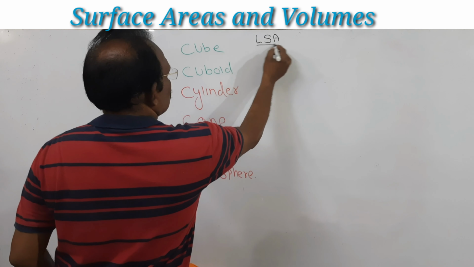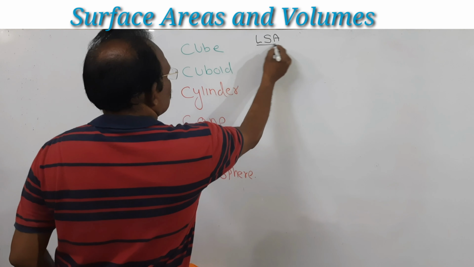Now I am explaining here. 2 pi r h is the curved surface area, plus we have the above one, pi r square, plus pi r square. Pi r square for this side, pi r square for this side, and 2 pi r h is the curved surface area. So we can also write 2 pi r h plus 2 pi r square.